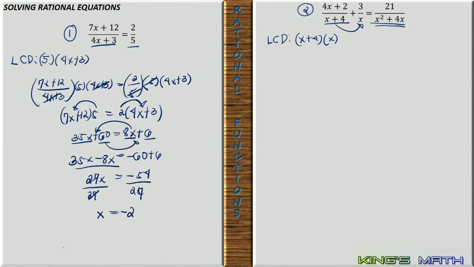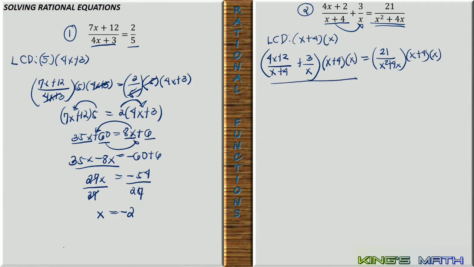We have 4x plus 2 all over x plus 4, plus 3 over x, times the LCD x plus 4 times x, equals 21 over x squared plus 4x times x plus 4 times x. And then we're going to cancel similar values.